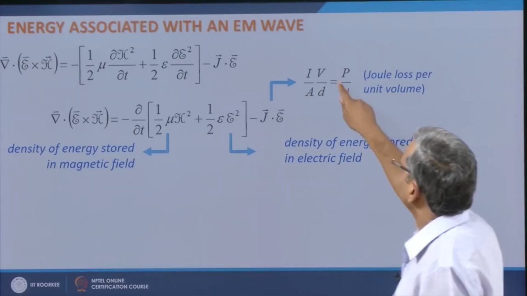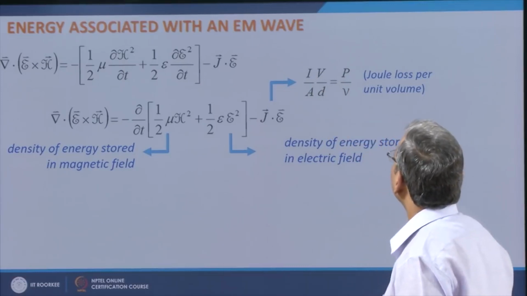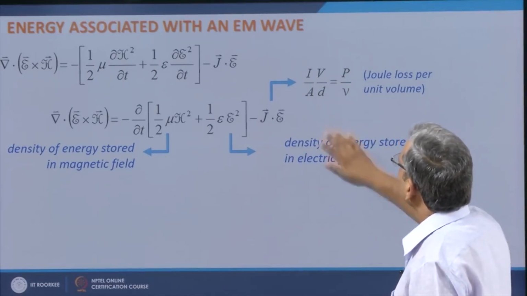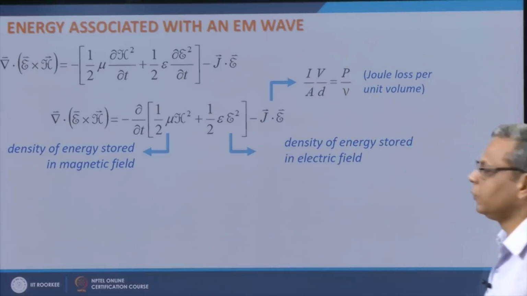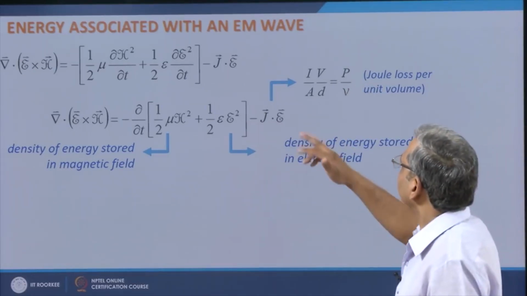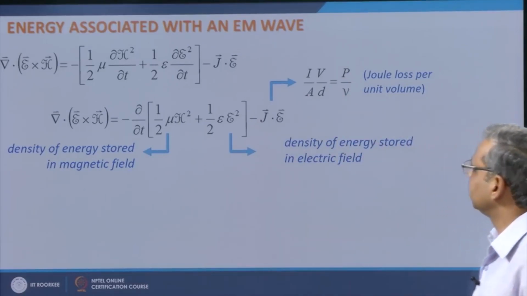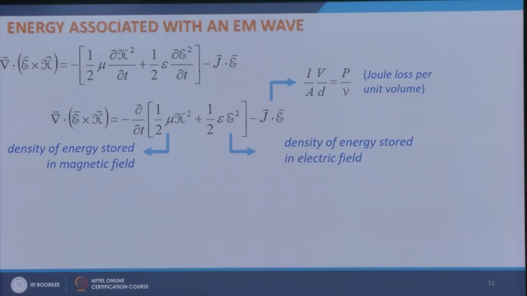So, this is nothing but power, V times I is power, and A times D is volume. So, this is the joule loss per unit volume. If you have a resistor, P would be the power dissipated in the resistor per unit volume. So, this is ohmic loss or joule loss per unit volume.